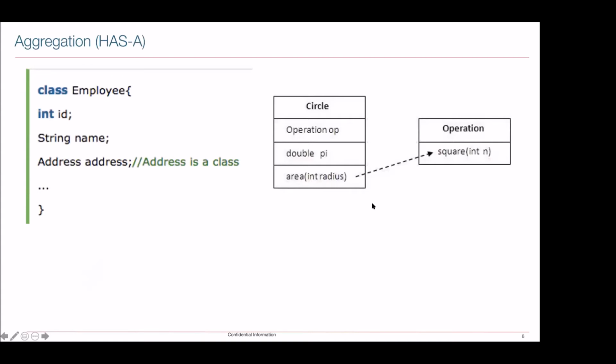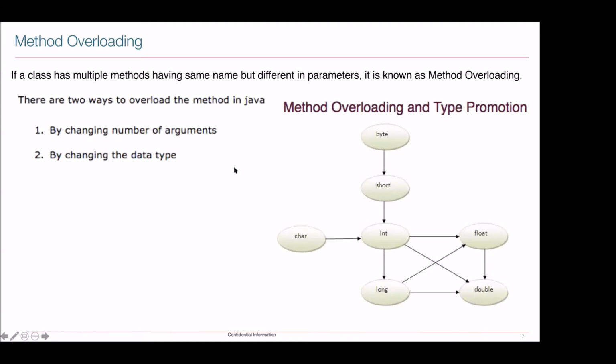Okay, let's move further. If we understand the concept, the difference between method overloading, there is type promotion also. Byte, short, int, long are there, and the memory of byte will be small, then short will have more, then int and long. So byte can be converted into short, short into int, int into long.